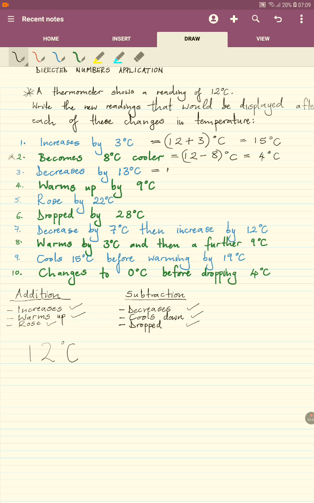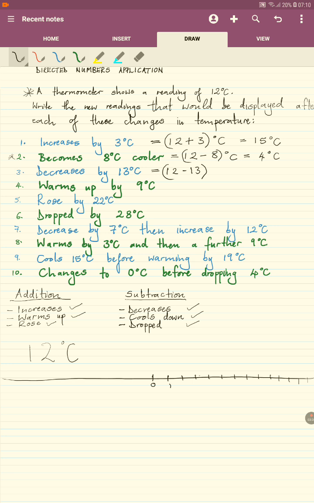And the next question reads decreases by 13 degrees Celsius. Now we're going to say 12 minus 13, and if we go on a number line, I'm just going to draw a quick number line here. I'm going to put 0 in the center, and to the right of 0 we have positive numbers 1, 2, 3, 4, 5, 6, 7, 8, 9, 10, 11, 12, 13.